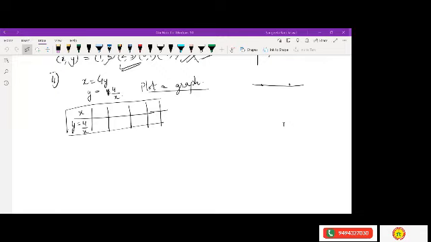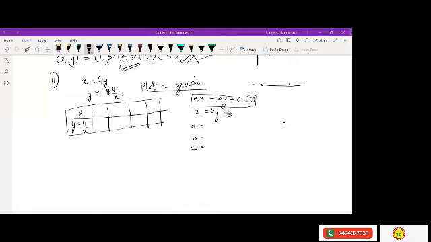First, you compare this with the standard equation. This is the standard equation of a linear equation in two variables. Compare it with this equation and tell me what is the value for A, what is B, and what is C here. This is x equals 4y.